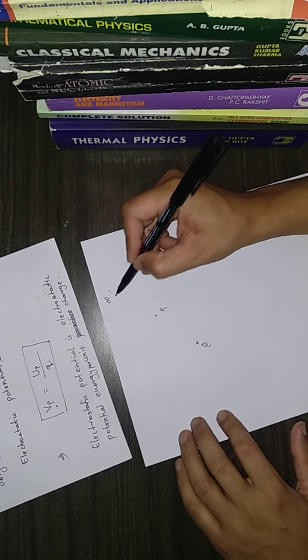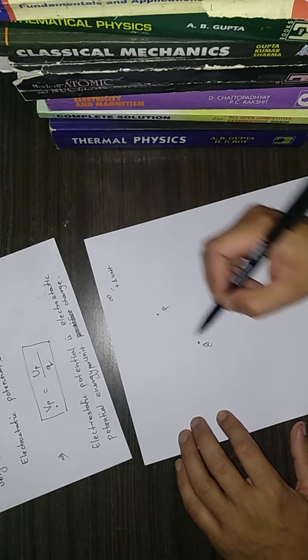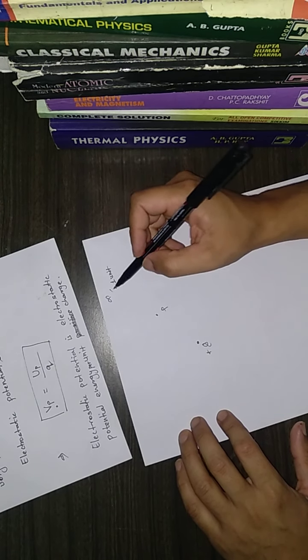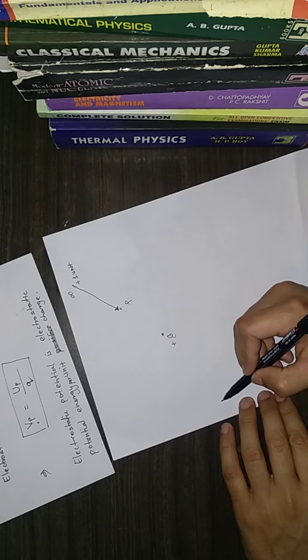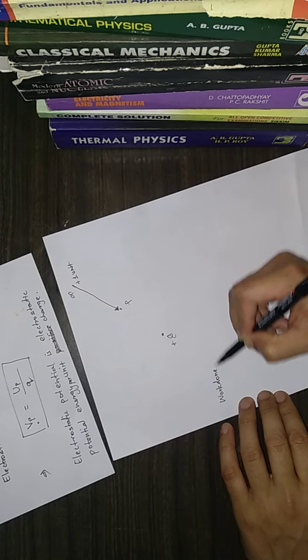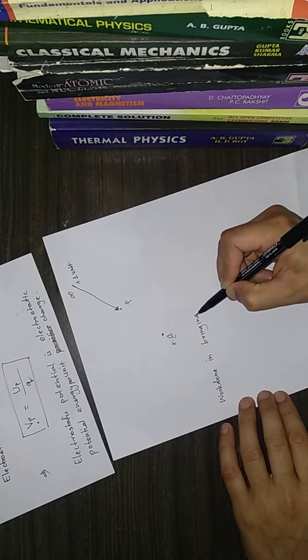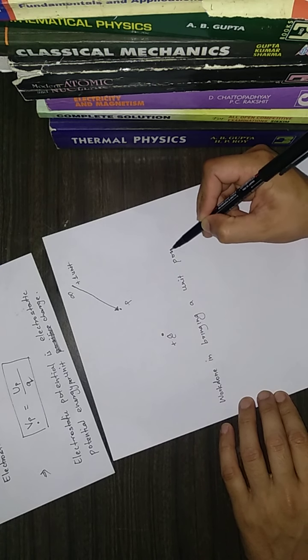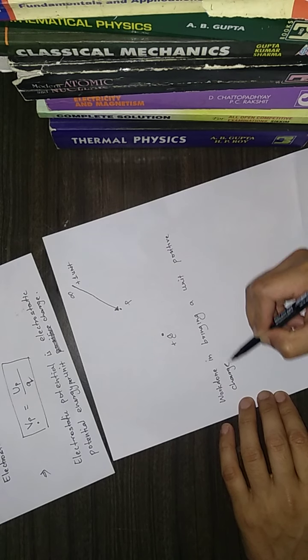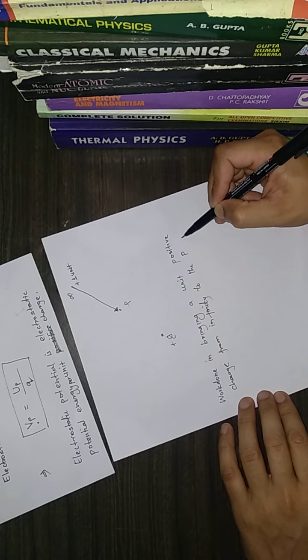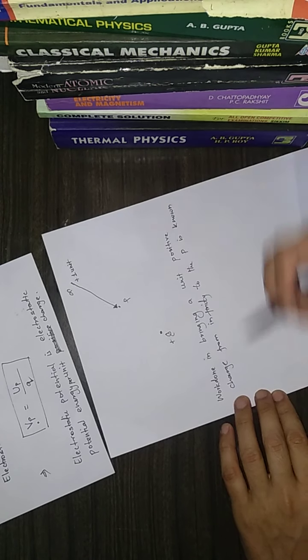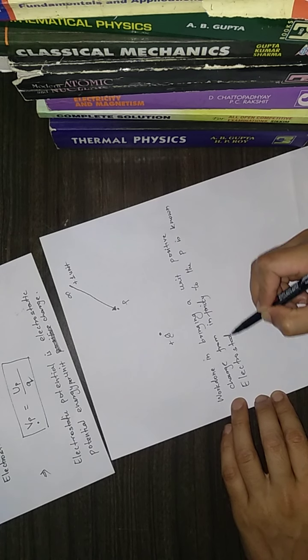Because this charge is positive, I am taking a positive unit charge from infinity to point P. Then the work done in bringing a unit positive charge from infinity to the point P is known as electrostatic potential.